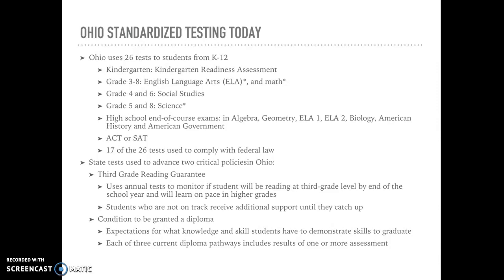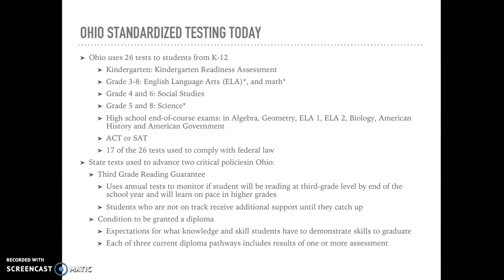17 of these 26 tests are used to comply with federal law. States also use them to advance 2 critical policies in Ohio. The 3rd grade reading guarantee uses annual tests to monitor if students will be reading at 3rd grade level by the end of the school year and will learn on pace in higher grades.